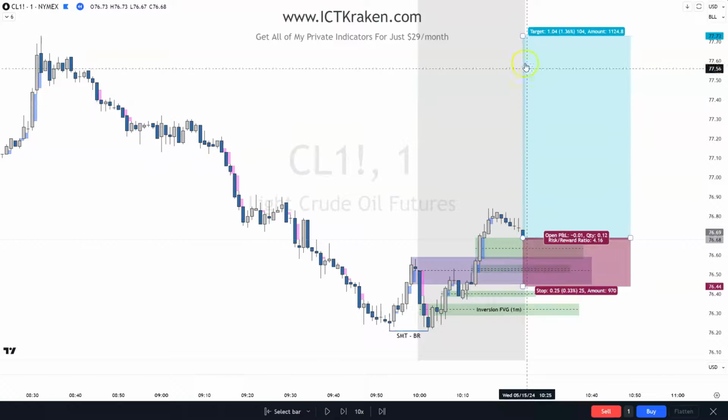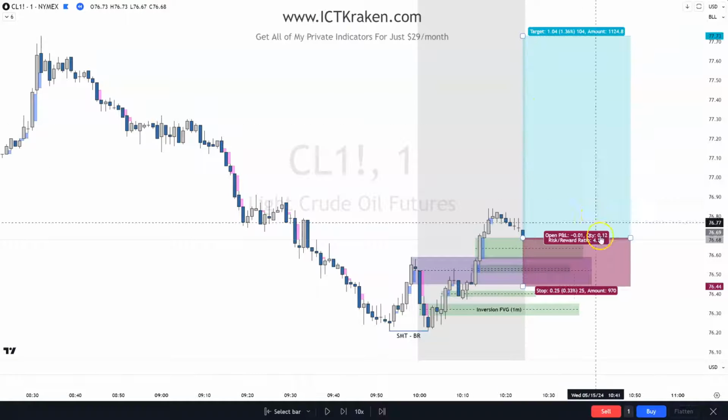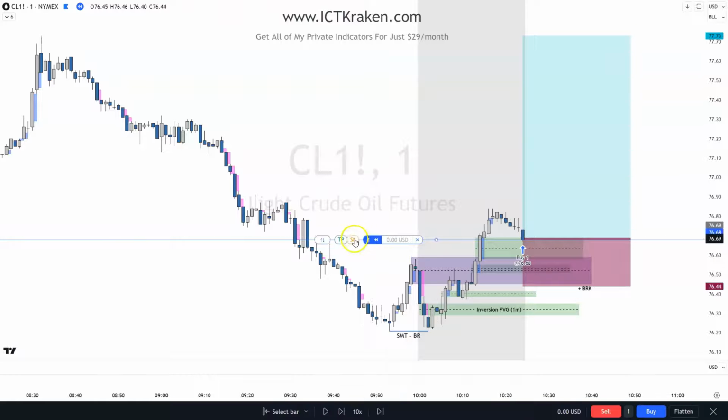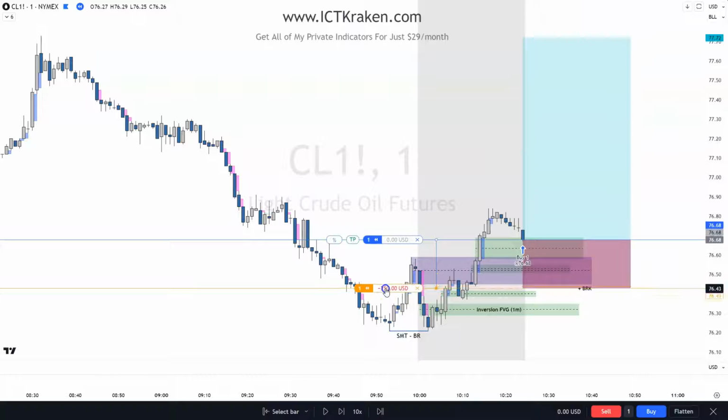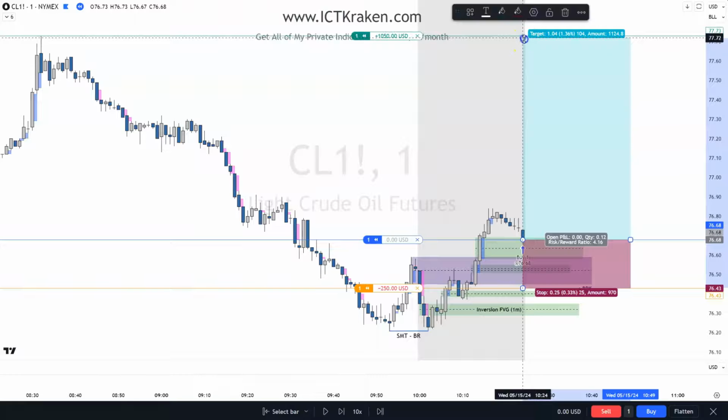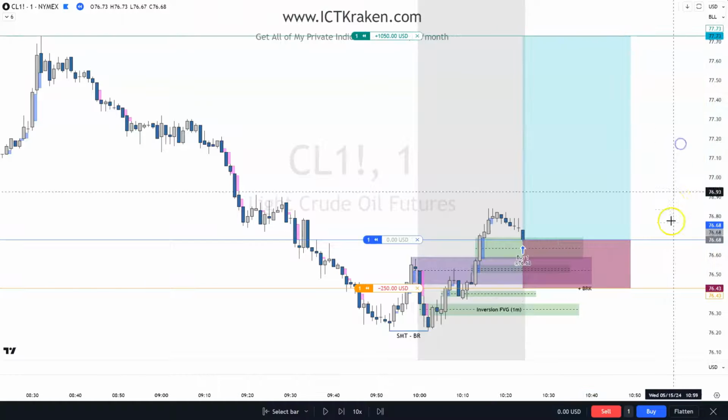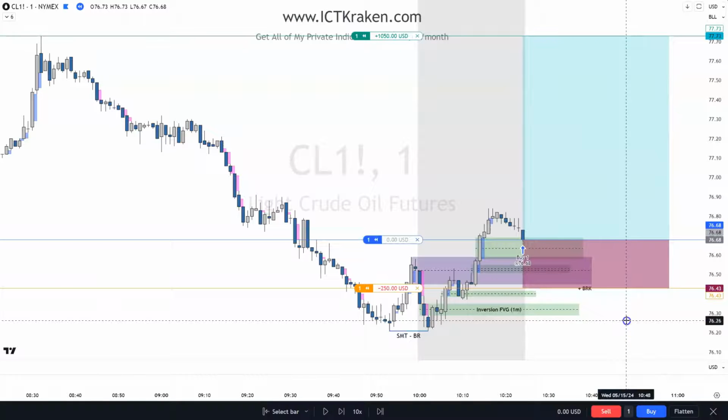Put this on here. We're going to go to this target. Okay, so let's buy one and let's move our stop loss here. Oh yeah, I've got to move this down just a little bit. There you go. Move this down to be right there. And then the TP target is right here, 1050. So let's go right there. Okay, perfect. All right, so let's see how this goes.